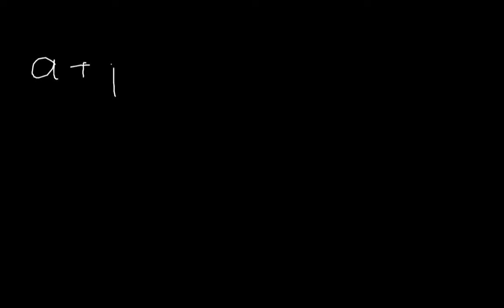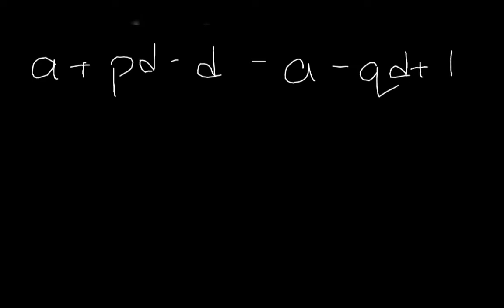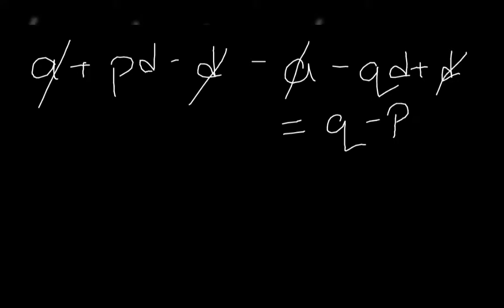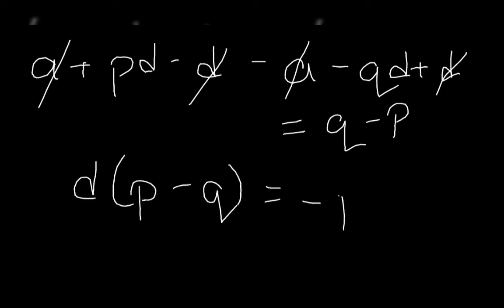A plus PD minus D, minus A minus QD plus D, is equal to Q minus P. A gets cut, D gets cut. So what do I have? D into (P minus Q) is equal to minus of (Q minus P). See, Q minus P can be written as minus of (P minus Q).